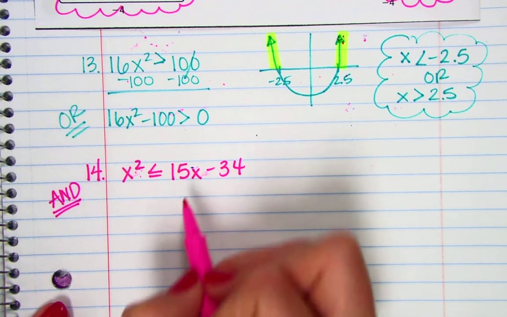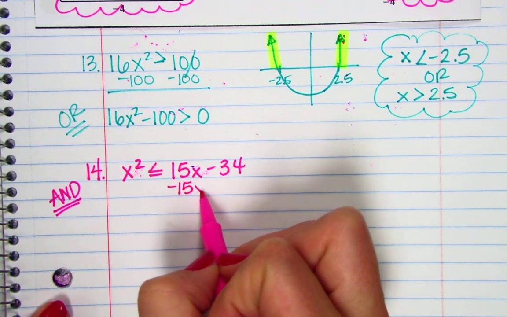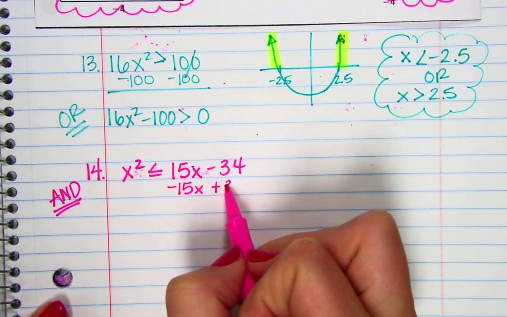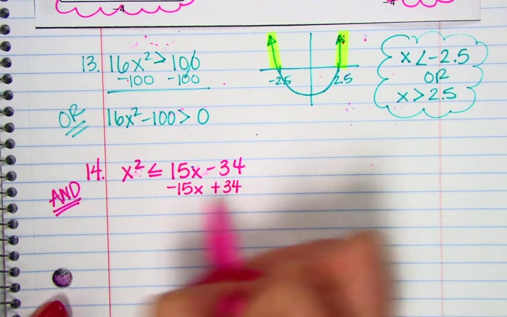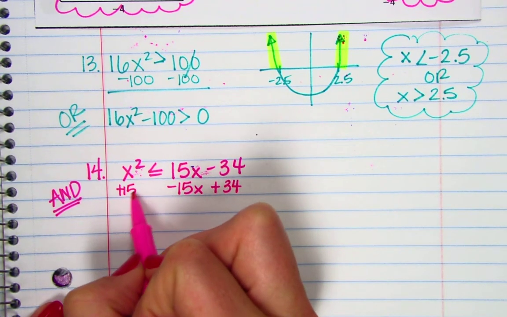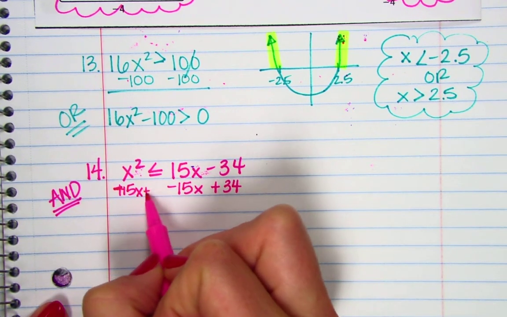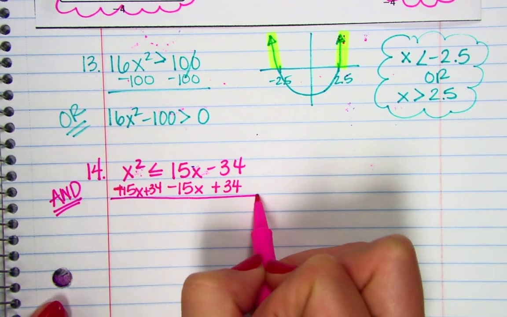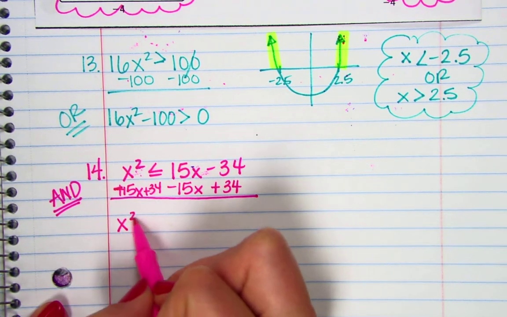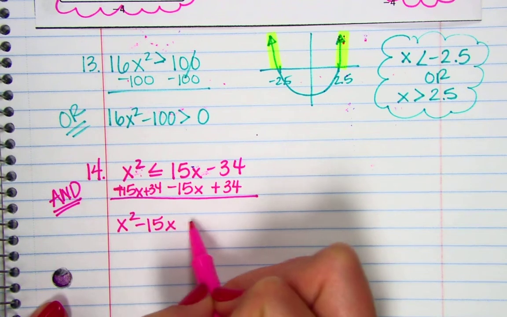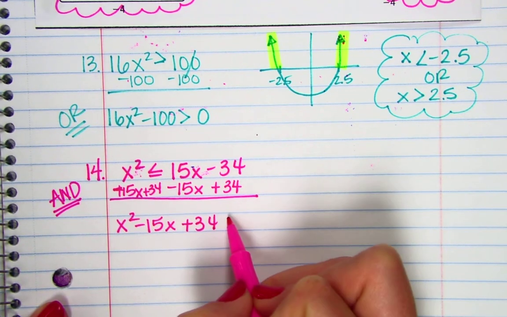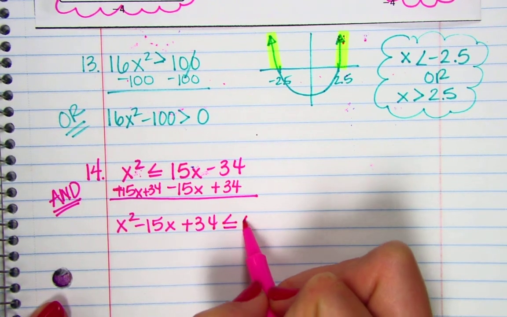So we need to move everything to the same side. So I'm going to subtract 15x and add 34. So I get x squared minus 15x plus 34 is less than or equal to 0.